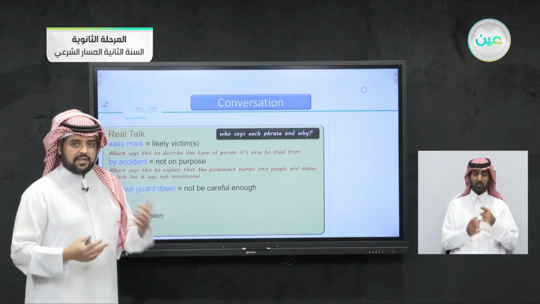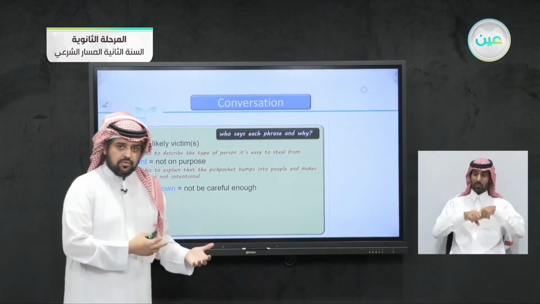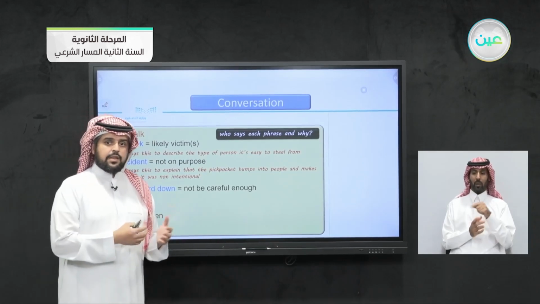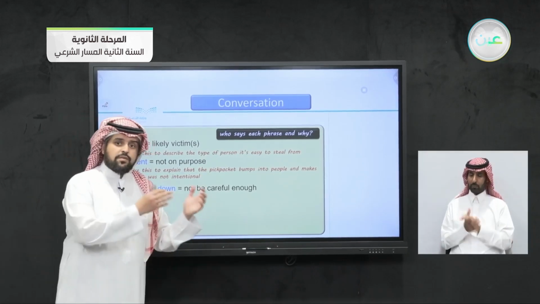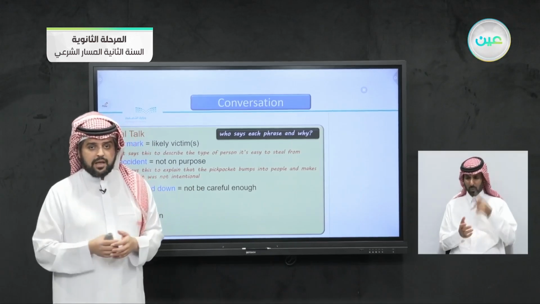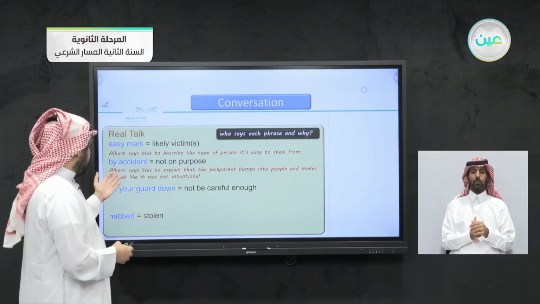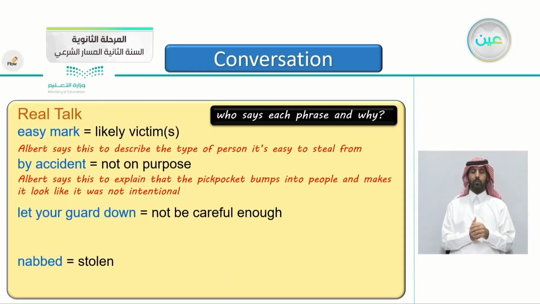He's acting like he's bumping into you by accident, to make you believe that he tripped over something, lost his balance, or felt dizzy. Again, by accident, not on purpose. But of course, it's all planned.